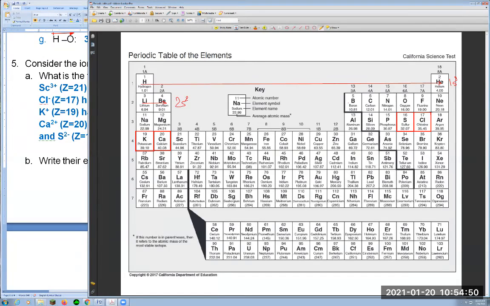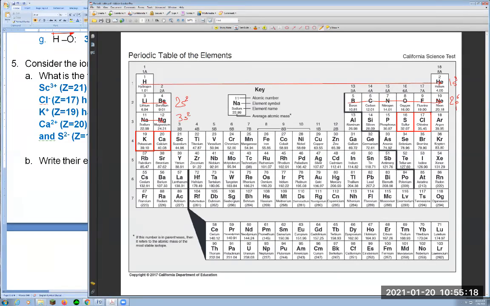Then from boron to neon, 6 more electrons, and that's the 2p6. At that point, we have 10 electrons, right? 2 in the 1s plus 2 in the 2s, that's 4, plus 6 in the 2p, that's 10. We continue across sodium and magnesium, and that's 3s2.